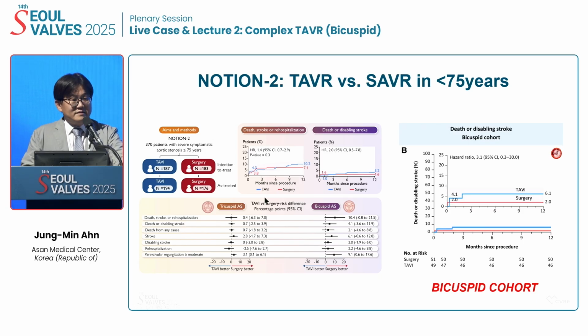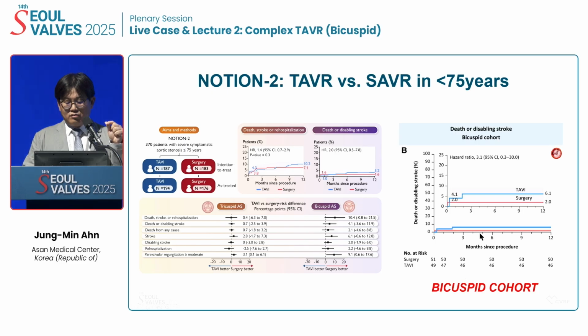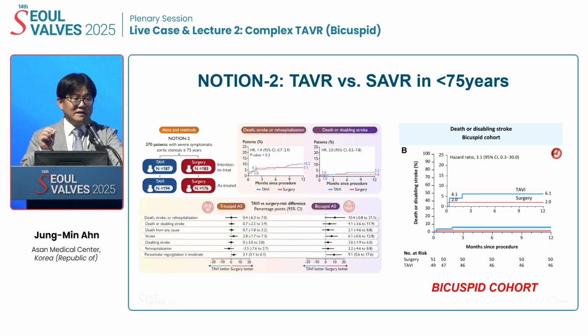Overall, there was no difference between patients who underwent TAVR or SAVR, but in the bicuspid cohort, TAVR was associated with a numerically higher incidence of death and stroke. So it recently raised concern about bicuspid TAVR.